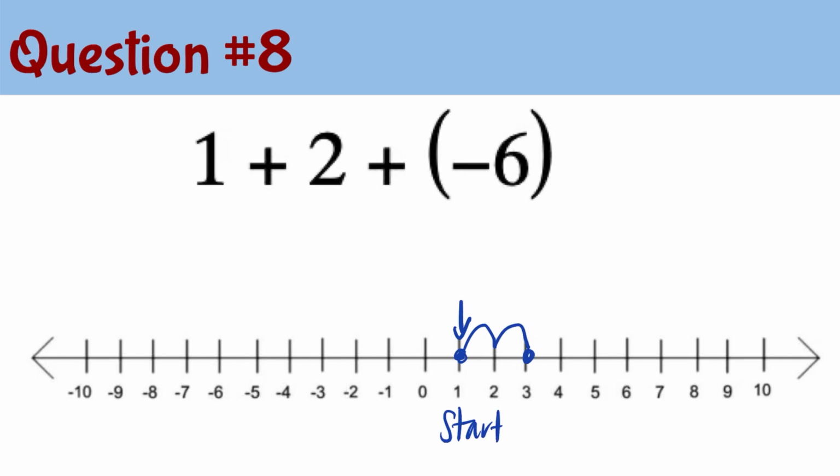So this means we're going 6 units to the left. So 1, 2, 3, 4, 5, 6. So the answer for this problem is negative 3. Again, for this question, we started first with 1, and then we moved 2 units to the right, that's a 3. From the 3, we moved 6 units to the left, that's why the answer is negative 3.